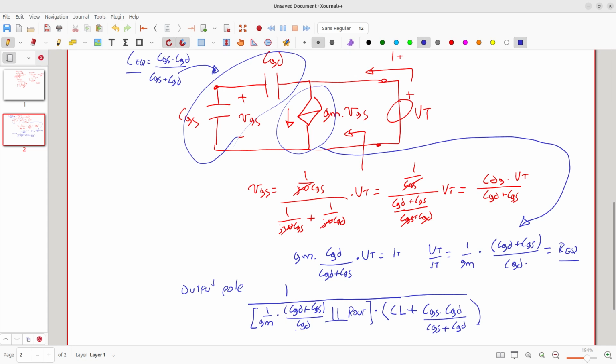So if we do the limit, we can do some simplifications here. We can say that the output pole is equal to, and this is 1 over ft, so this is the omega t of the transistor.